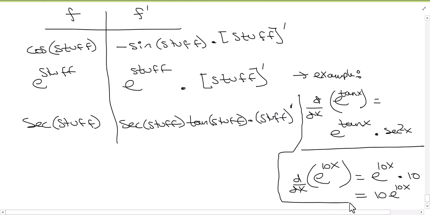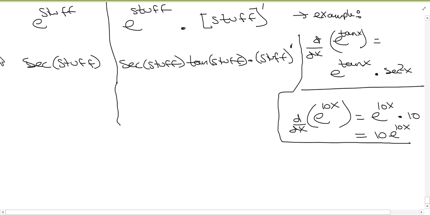So I hope that helps with doing chain rule with these types of functions, and make sure that if the trig function is the outside function, then when you take the derivative of that outside function, like here, the derivative of cosine is negative sine, whatever's inside stays the same, right?